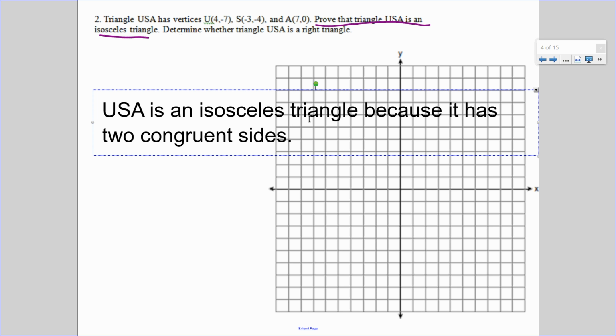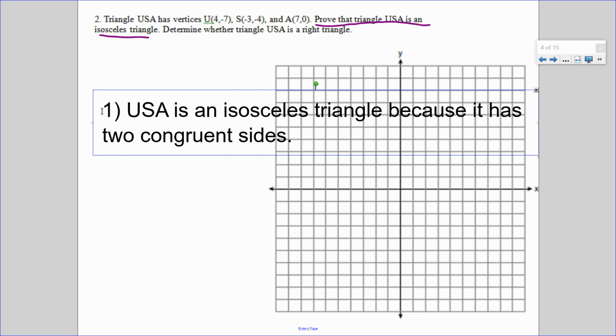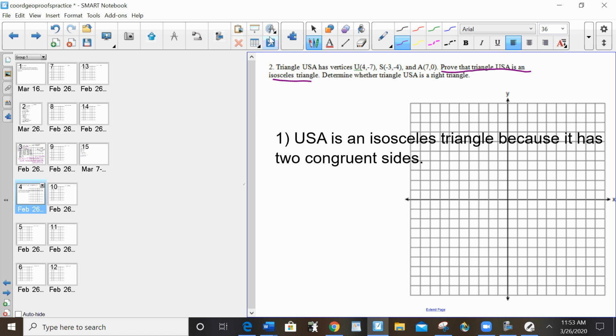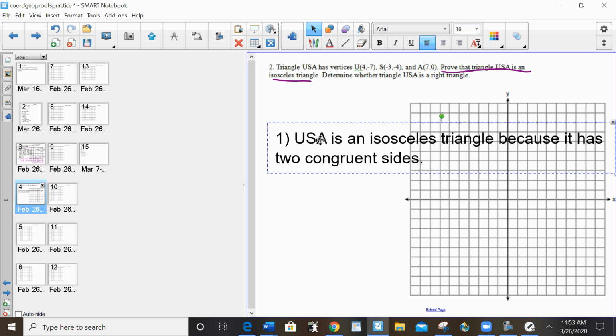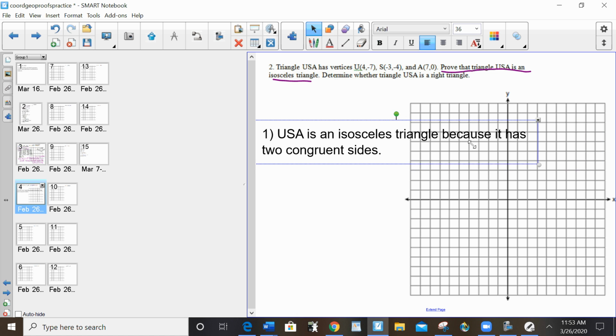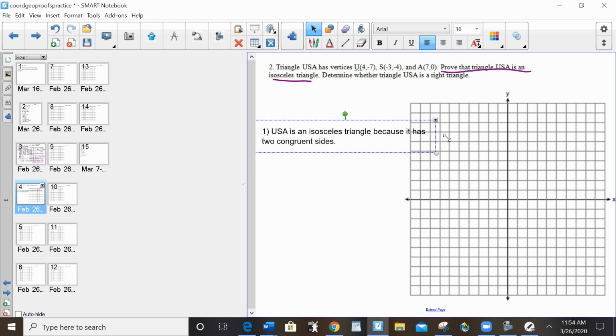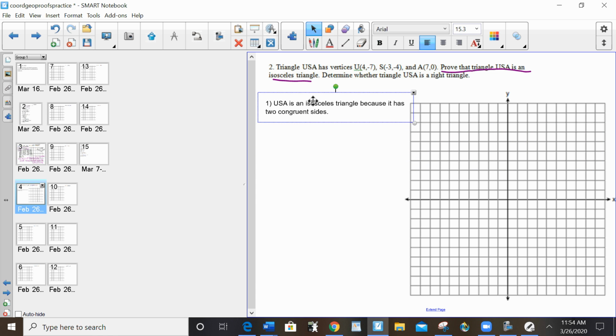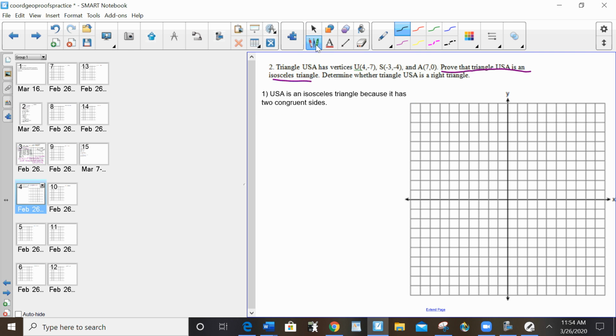Let's make this a little smaller. And now let's graph it and let's go on to step 2.